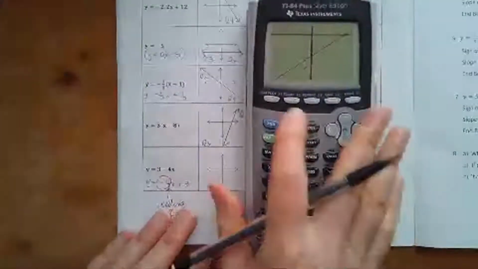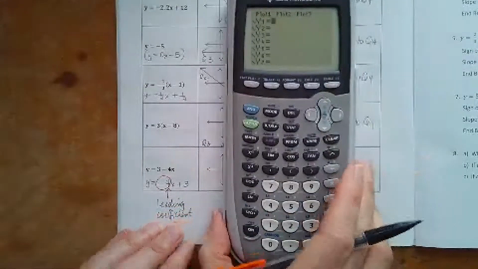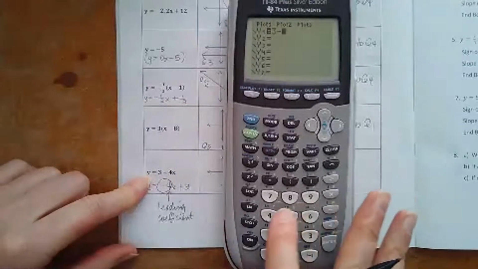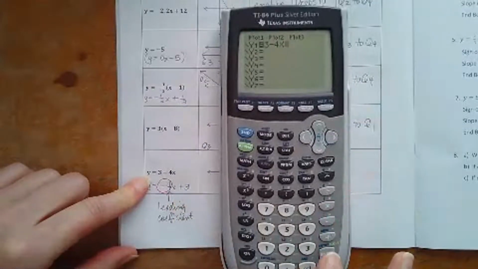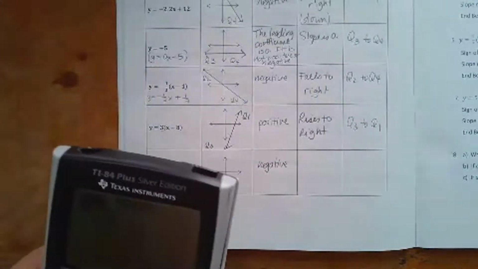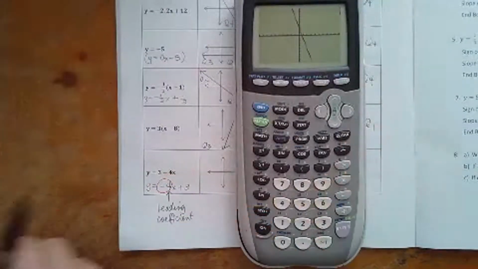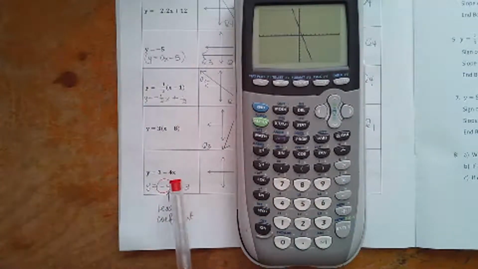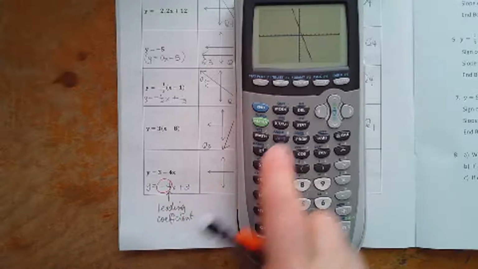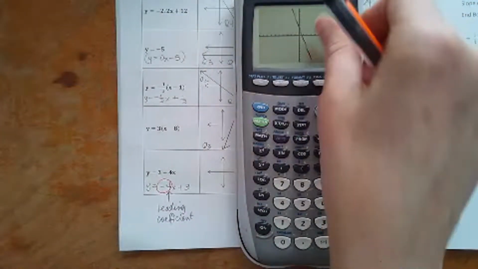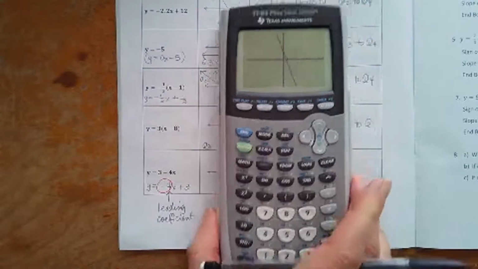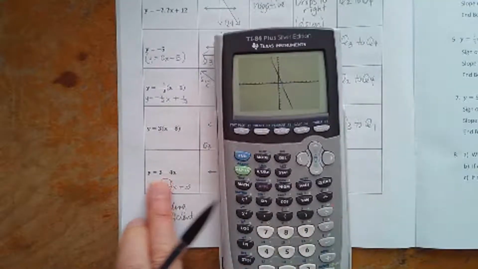Now, I'm just going to do the y equals clear. Even if I enter it like they give it to me, 3 minus 4x, and I press graph. Sorry, I should have put my grid back to normal. See, the graphing calculator is super smart. It's not going to be fooled by the order. It changes the order, and you're going to get this line coming down. So you can either enter it like this, or you could enter it with negative 4x plus 3, but you can also just enter it always just like it's given to you.